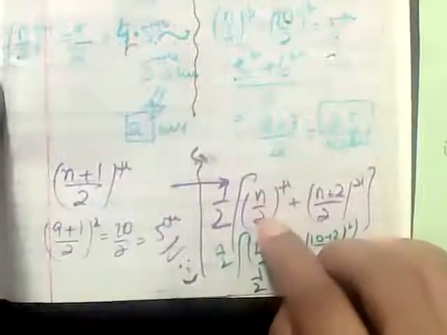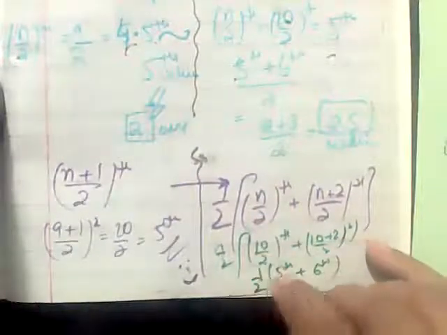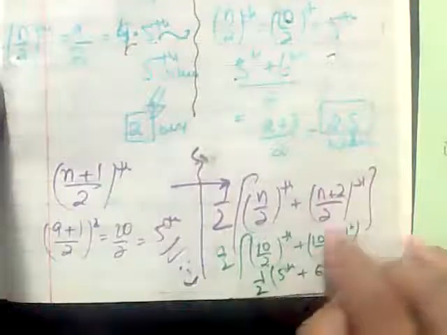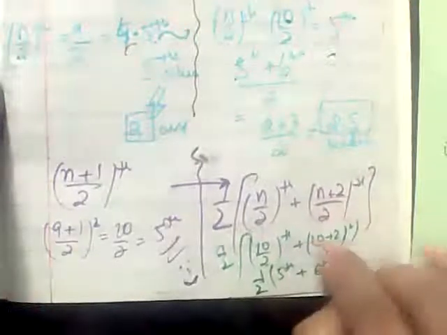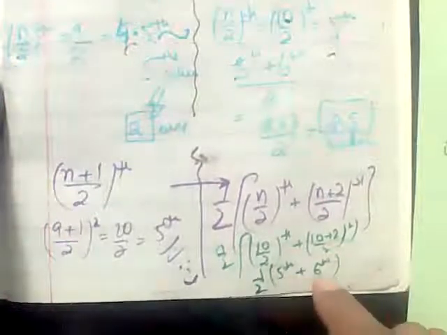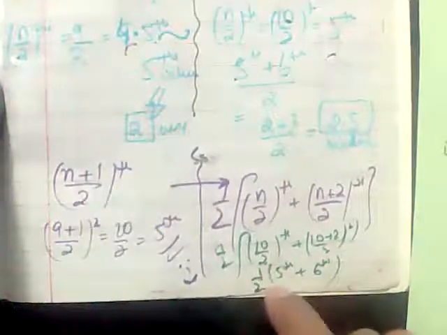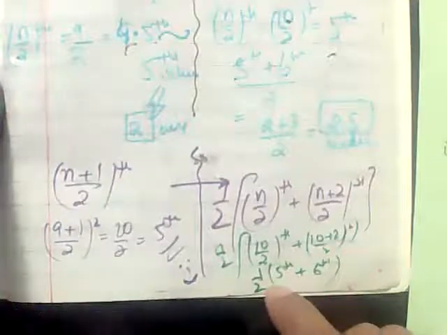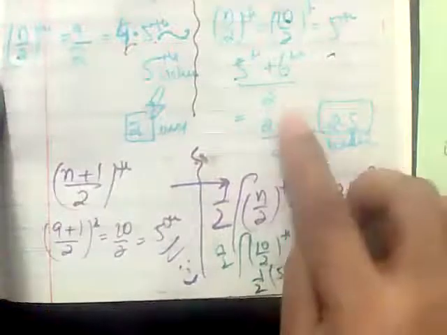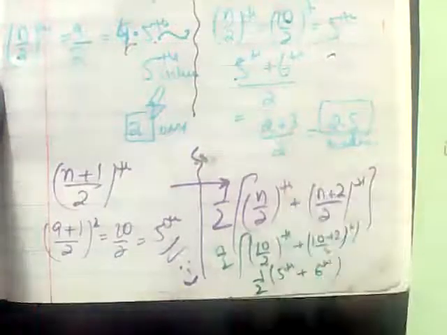So what is n in my even number example? N is 10. So I will put 10 here. 10 upon 2 is 5. 10 plus 2 is 12. 12 upon 2 is 6. So it is the average of the fifth plus sixth value. So fifth value plus sixth value divided by 2.